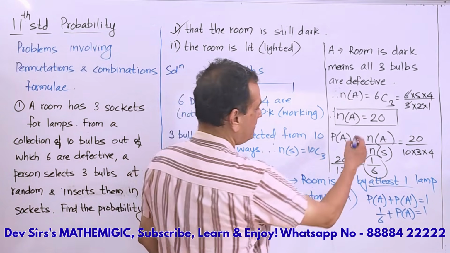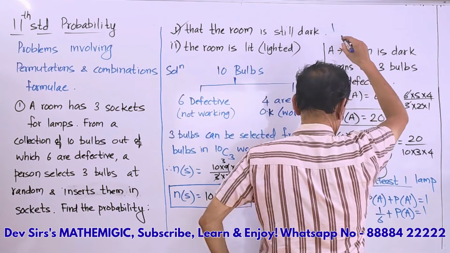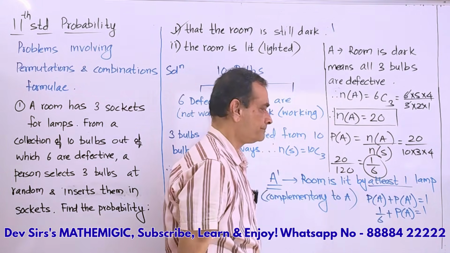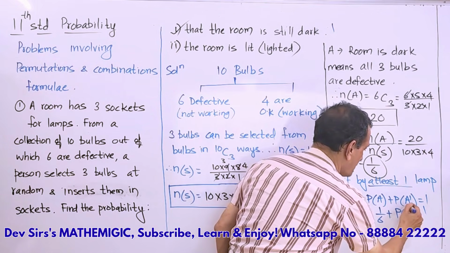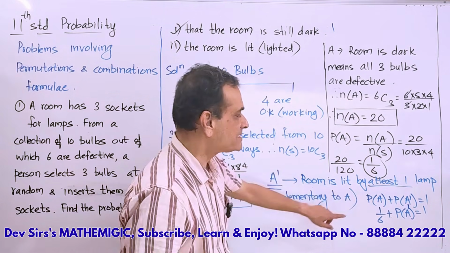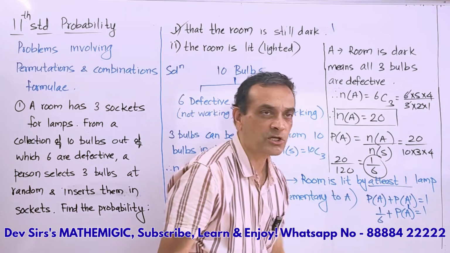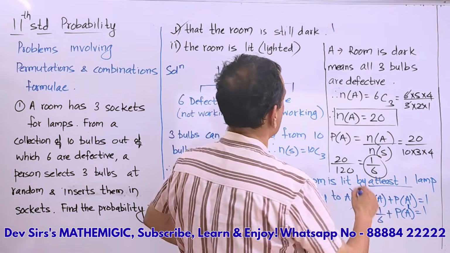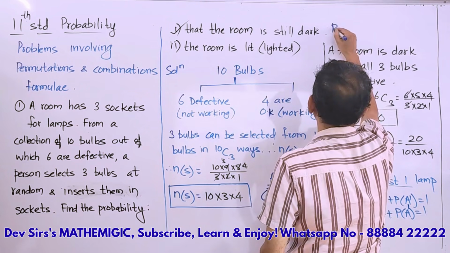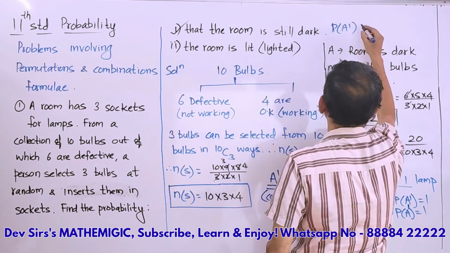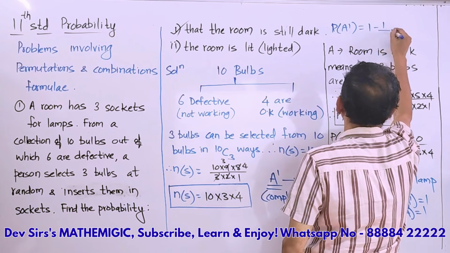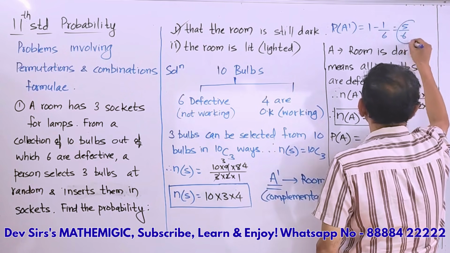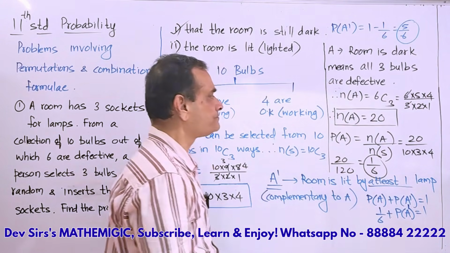So you find the answer now. I'll write here. 1 by 6 is P(A) plus P(A dash) equals 1. So P(A dash) is equal to 1 minus 1 by 6, that is 5 by 6.